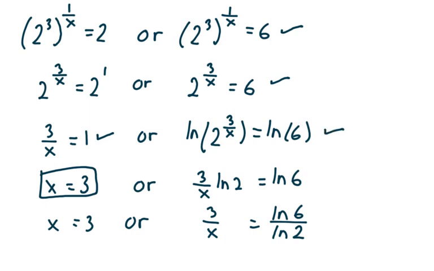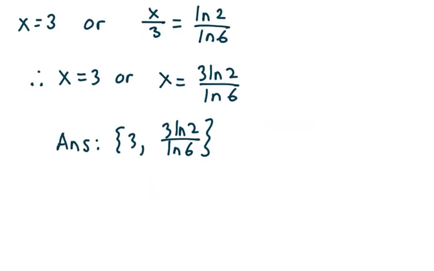So 3 over x times natural log of 2, so I'm bringing this exponent out in front of the log. So 3 over x natural log of 2 is equal to natural log of 6. Dividing both sides by natural log of 2, I can say 3 over x equals natural log of 6 over natural log of 2.